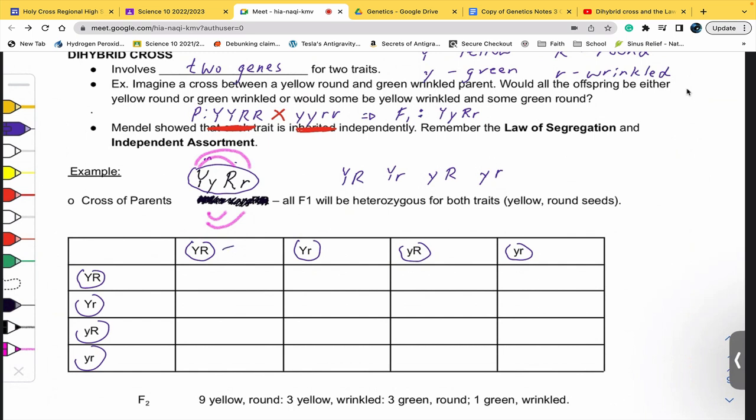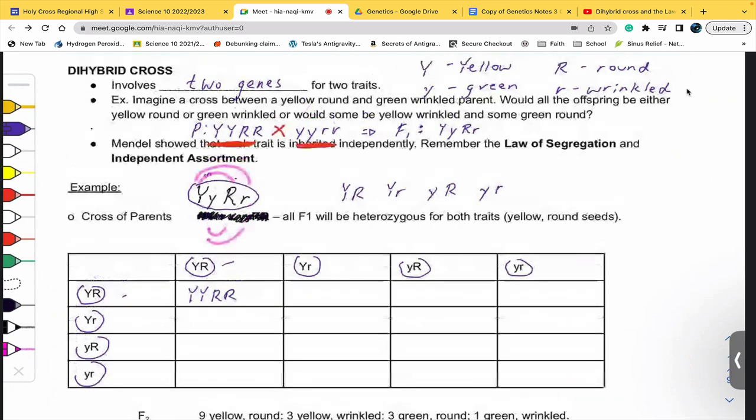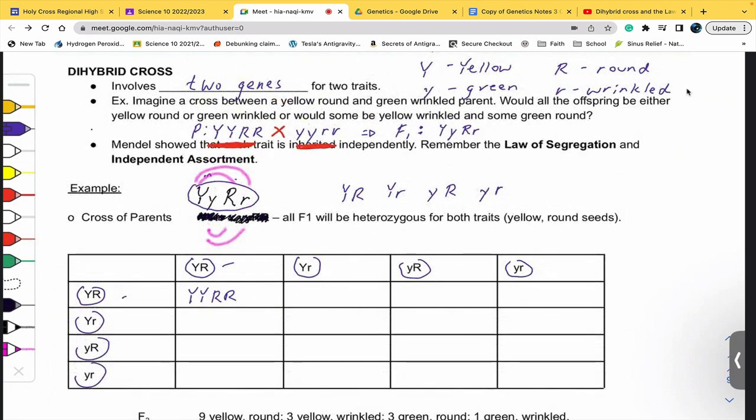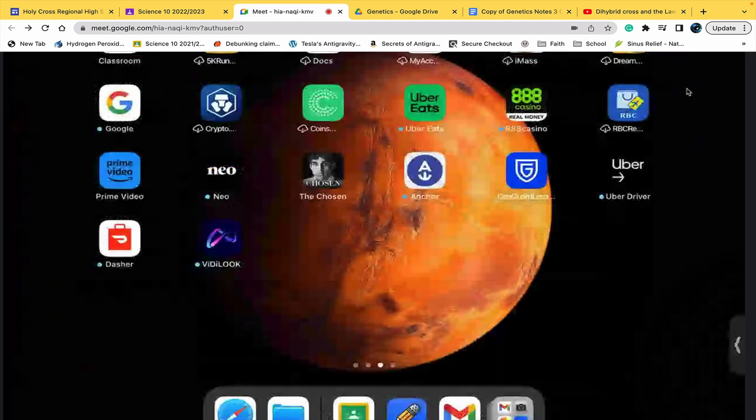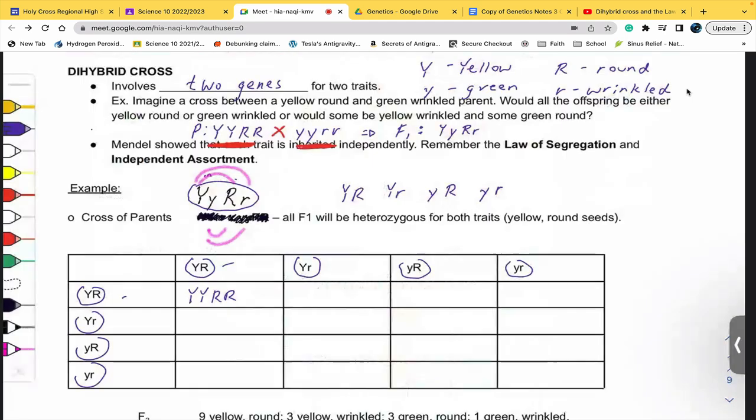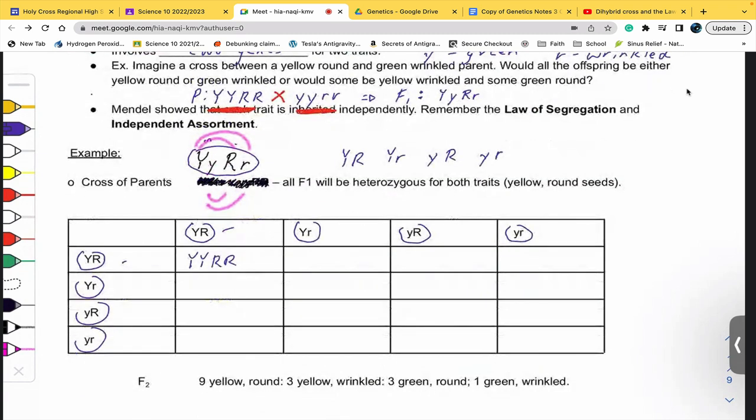Cross this first one with this one here. We get big Y, big Y, big R, big R. Keep in mind that, I highlighted it here, uppercase Y indicates yellow, and uppercase R represents round, lowercase y represents green, lowercase r represents wrinkled. Okay, so let's go back to this cross here.